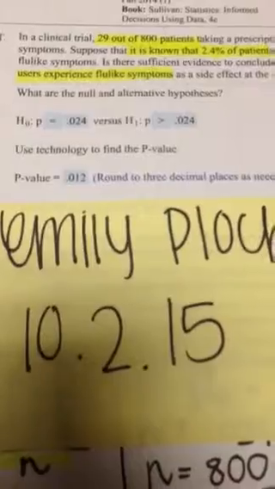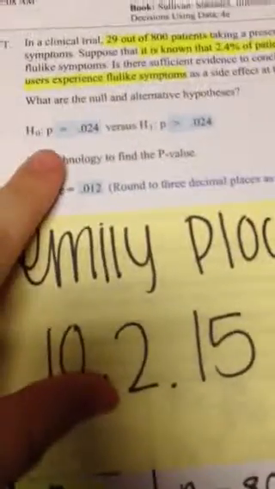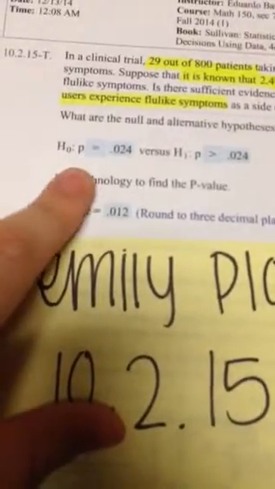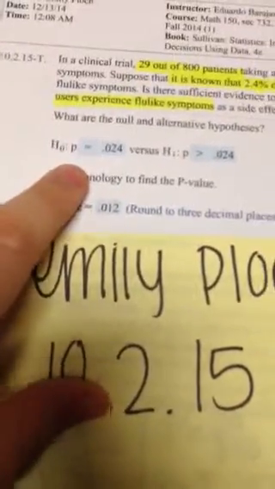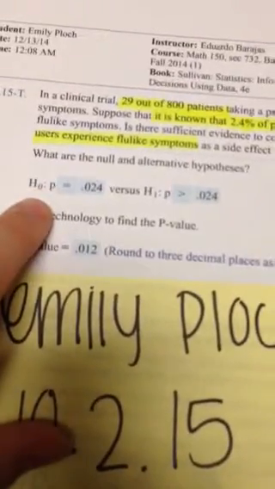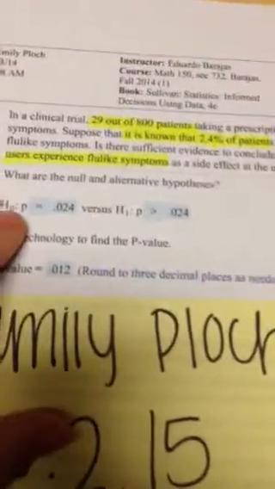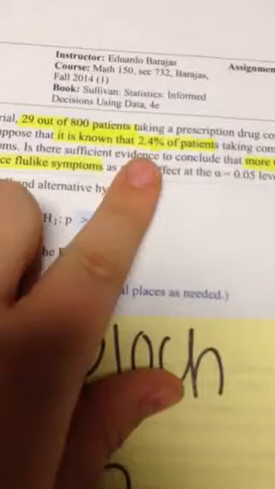So they're going to ask you what the null and alternative hypothesis is first. The null hypothesis is always that it's going to be equal. So p, because we're looking at percentages, is going to be equal to 0.024, which is the known average percentage.